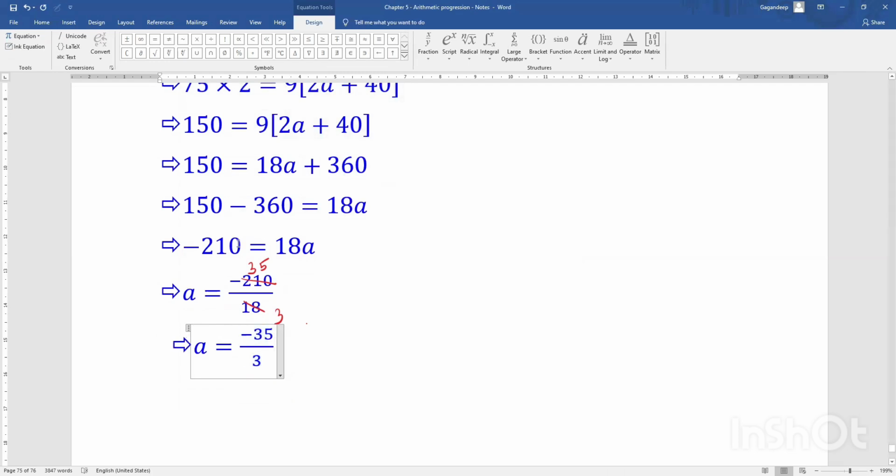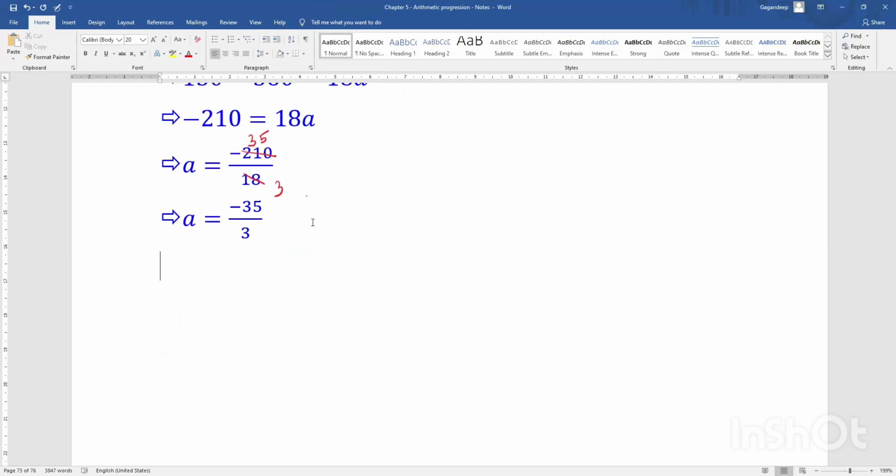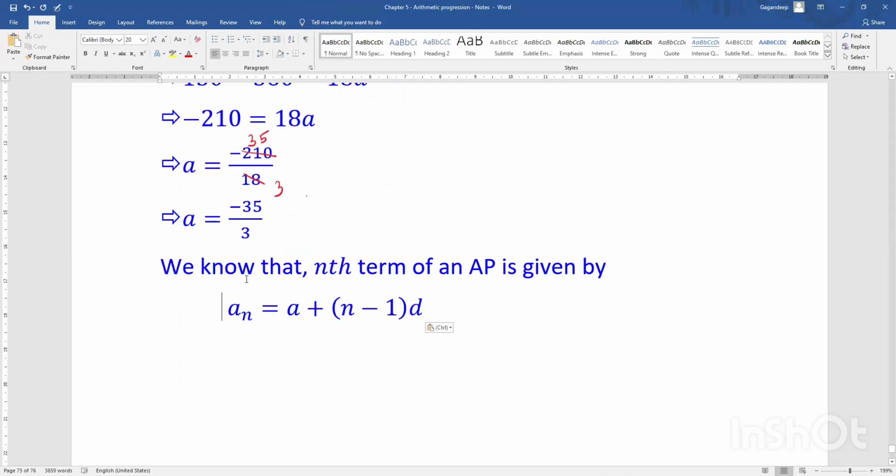Okay. So this is the value of a. And then next what I do is I'm going to consider a in formula.